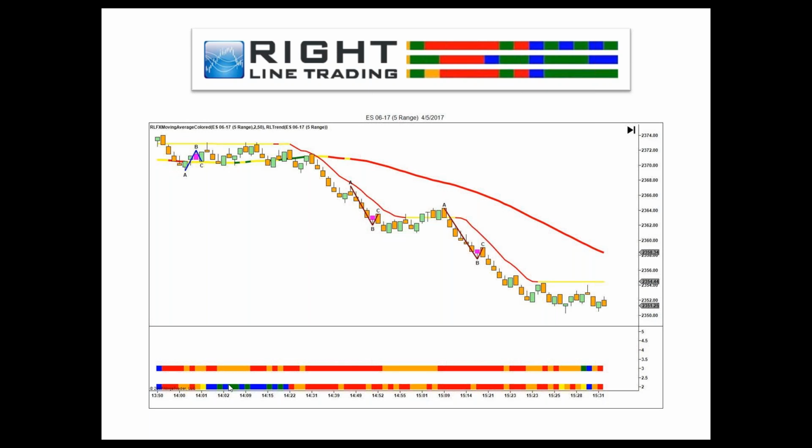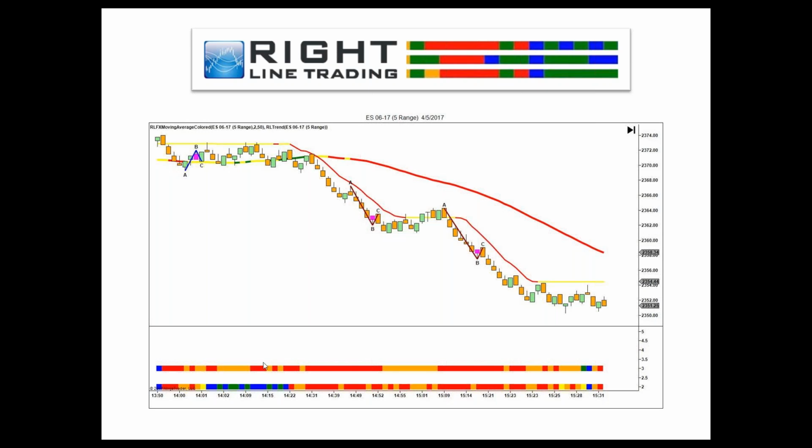Now, I wanted you to see here what happens when two independent forces that govern the future movement of price don't align. Here you have momentum to the downside. Here you have order flow to the upside. And this is why you must stand aside when this happens, because the market begins to chop. It doesn't know what direction to move in.